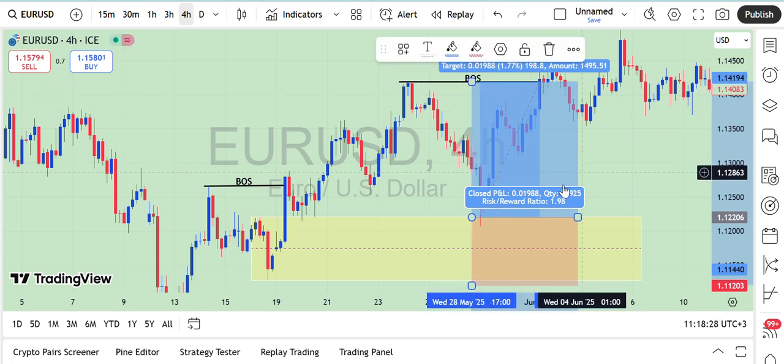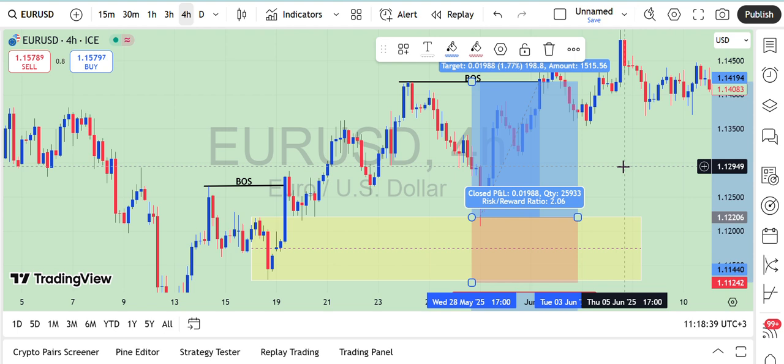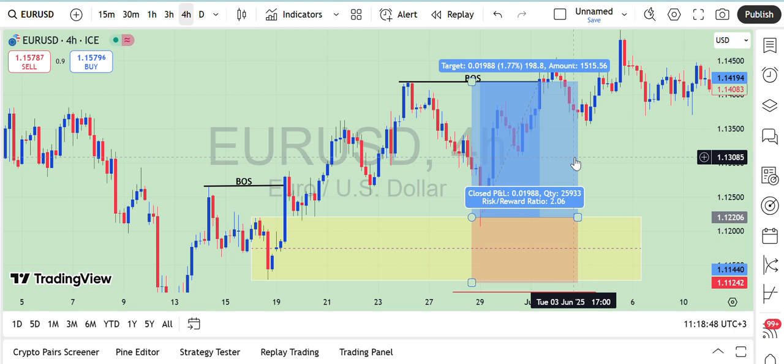Let me adjust the stop loss below the zone. It is a 1:2 risk to reward ratio, and it's a very, very good trade, as you can see very clearly. So that's very simple.